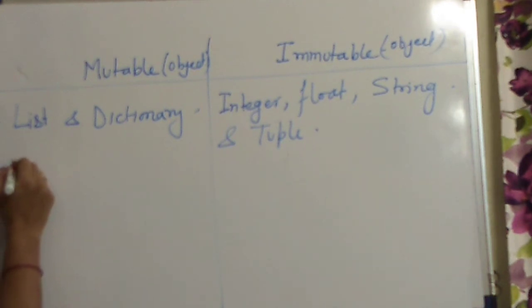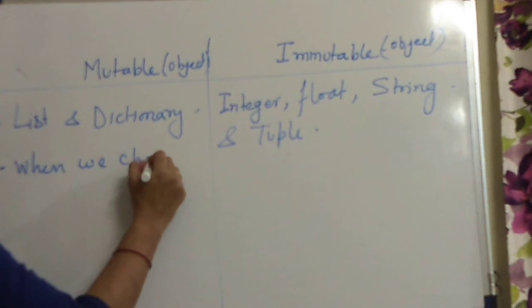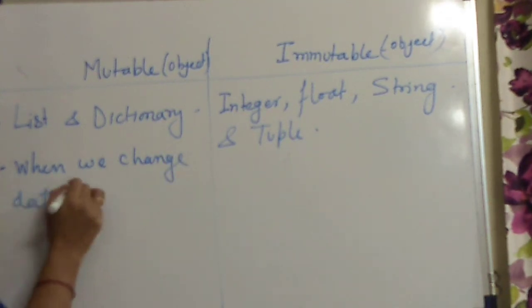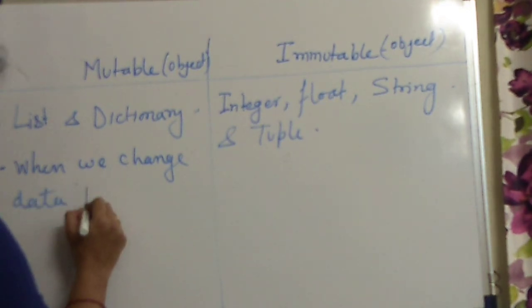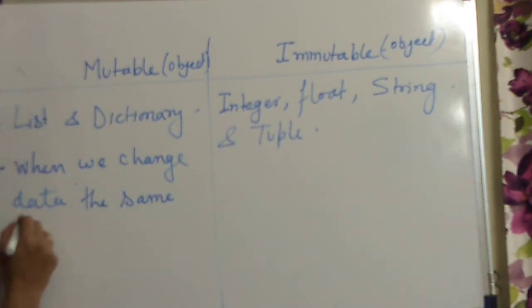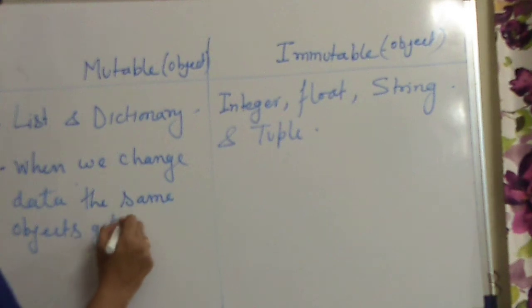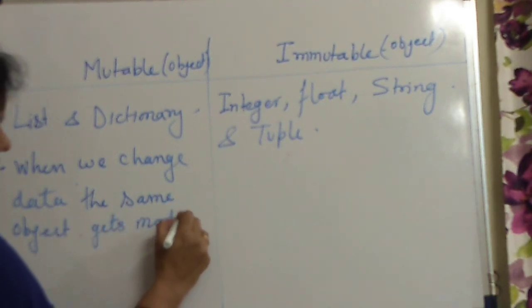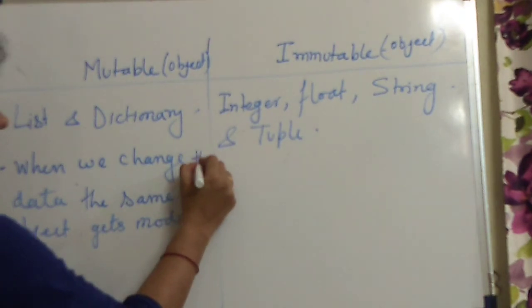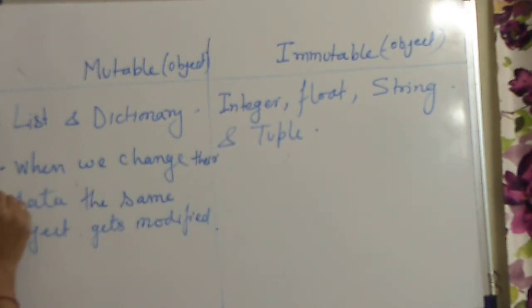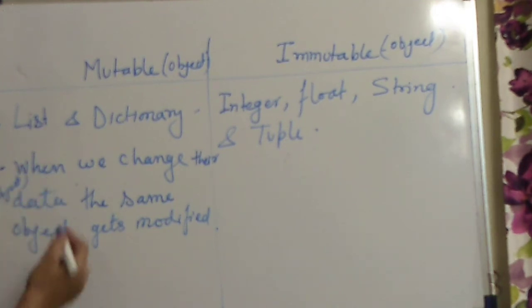When we try to change the data, when we change the object's data, the same object gets modified. Clear? The same object gets modified.